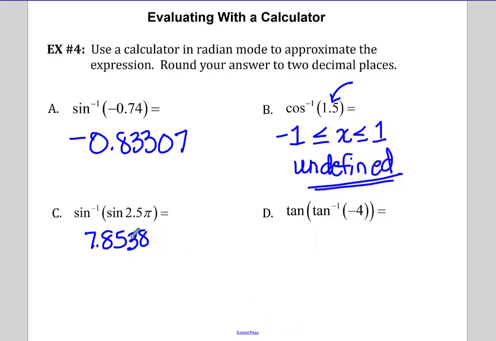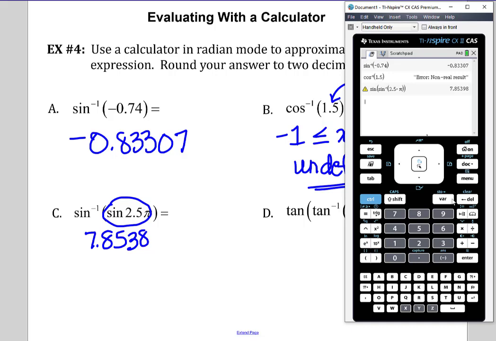39. Or you can also think about it this way. If we go in here and think about this inner portion, the sine of 2.5 pi is like taking one full revolution and another half of a pi revolution. The sine of 2.5 pi is 1, right?